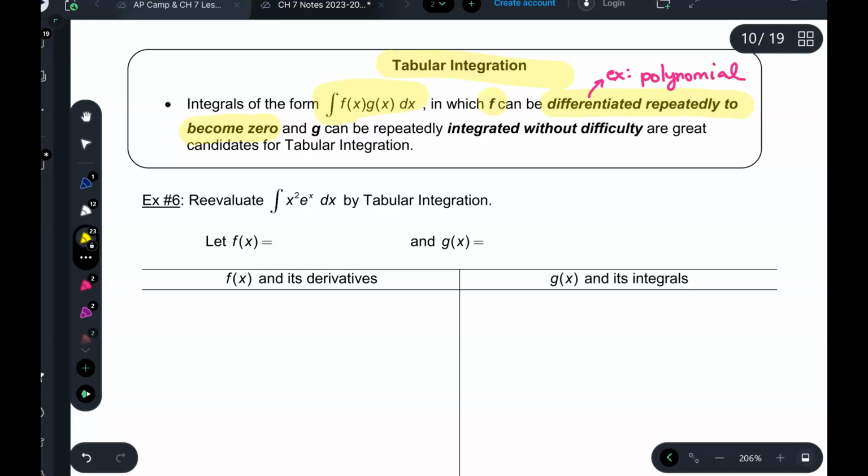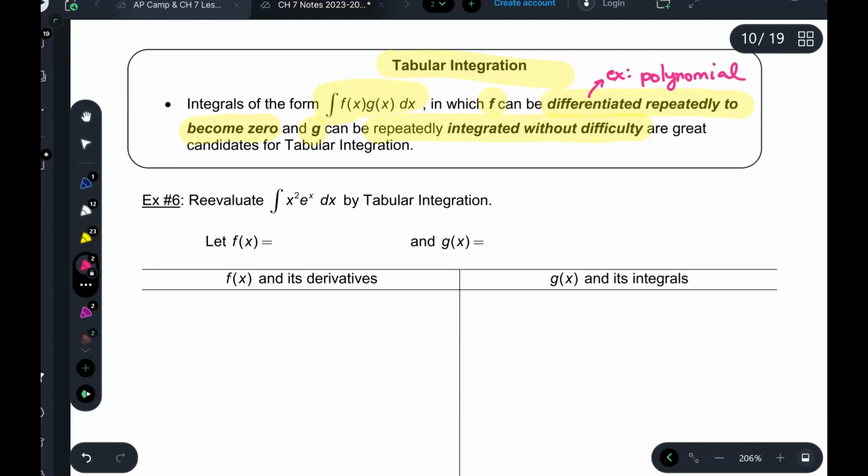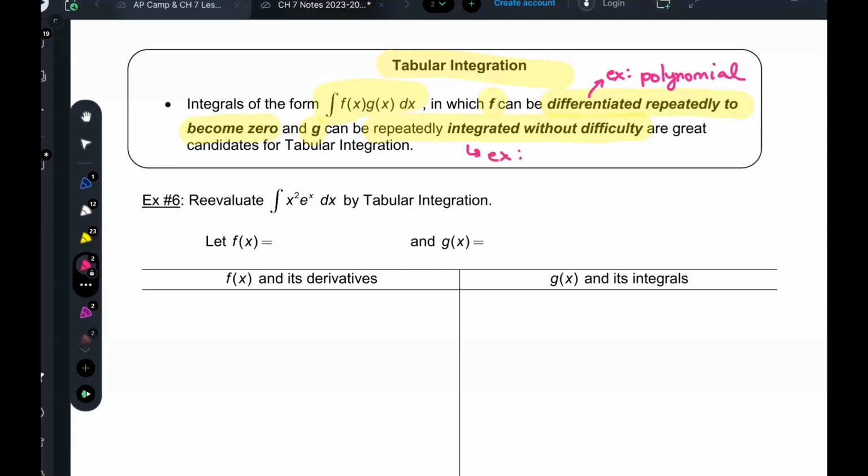And the other part, g, has to be integrated without difficulty, repeatedly. So an example would be e to the x or cosine x, because they'll just keep flip-flopping.